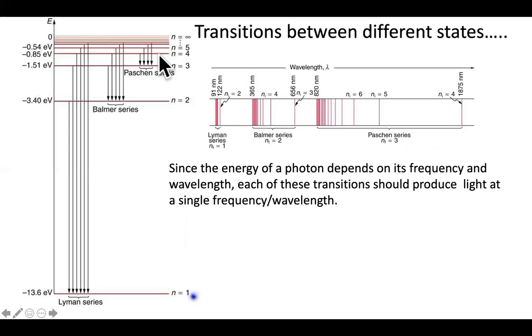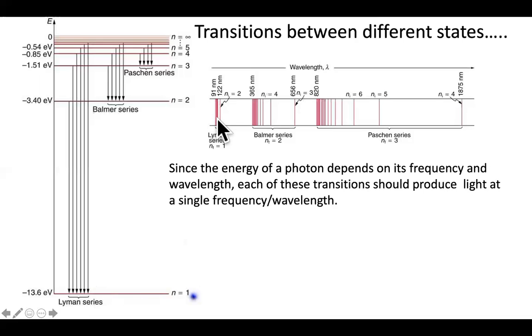Similarly, if we go from n equals 4 to n equals 3, we have this one. That one drops here. It's a smaller energy change, so it's a longer wavelength. And if we go from, say, n equals 2 to n equals 1, we drop a full roughly 10 eV. This produces what's called a Lyman line.